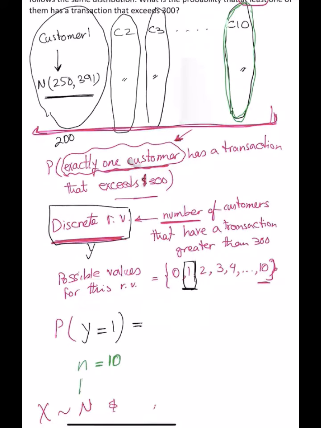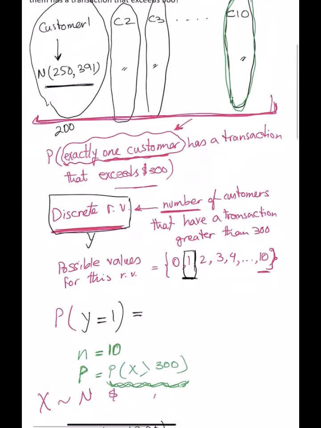The P, remember the P, which was the chance of success in a binomial random variable, here is the probability that the transaction amount of that person, which we show with X, is greater than $300. If a person has this, that's basically the chance of success.